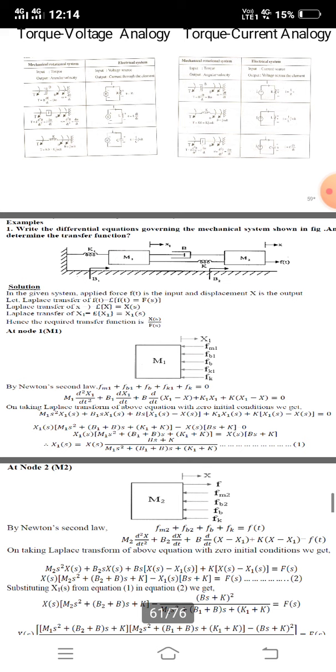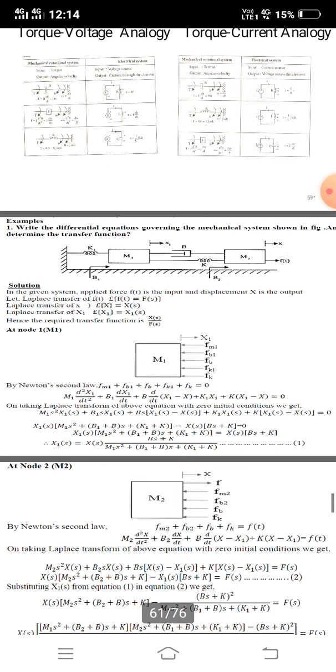So we take the Laplace transformation of those three features: f(t) becomes F(s), x(t) becomes X(s), x1(t) becomes X1(s). From this input and output, we can derive the transfer function, output by input. Here two outputs are there, but we take the final output x. So X(s) by F(s). This is the conclusion of the entire problem.